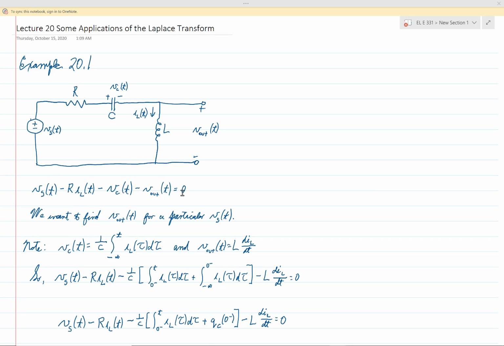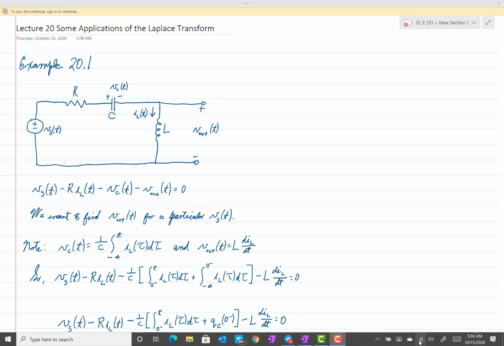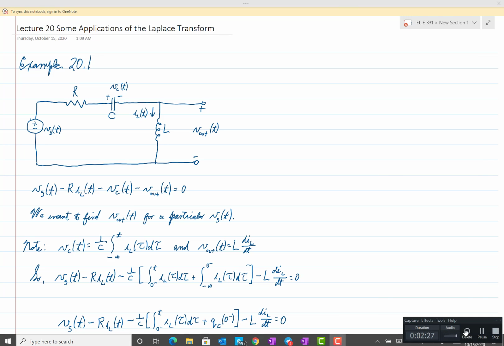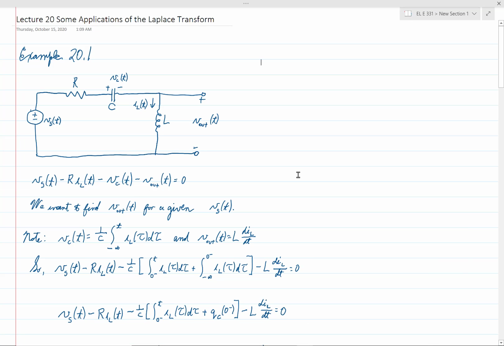Let me change this word particular to arbitrary. Well, after thinking about it, I didn't like arbitrary either. I said given. So we want to find V out of t for a given Vs of t. I think that's pretty clear.